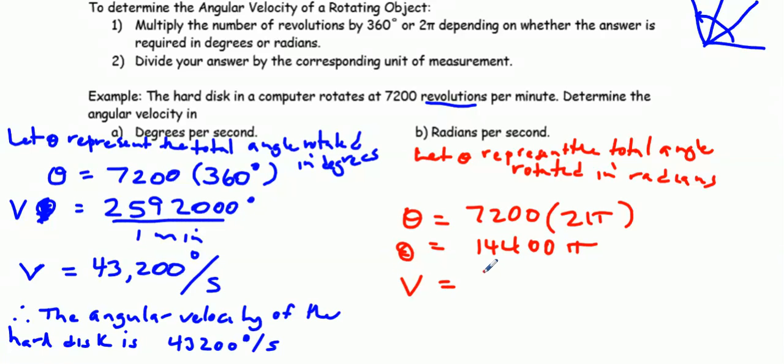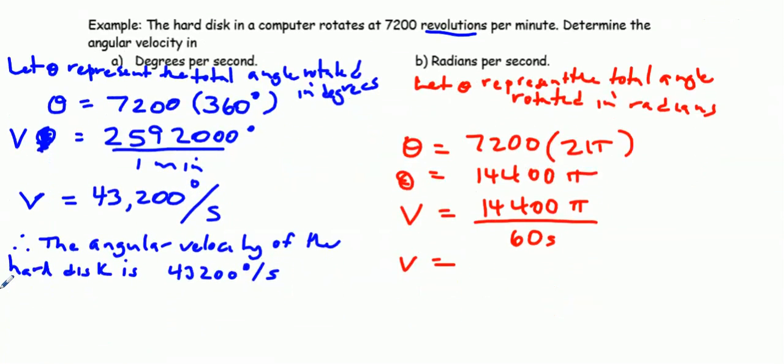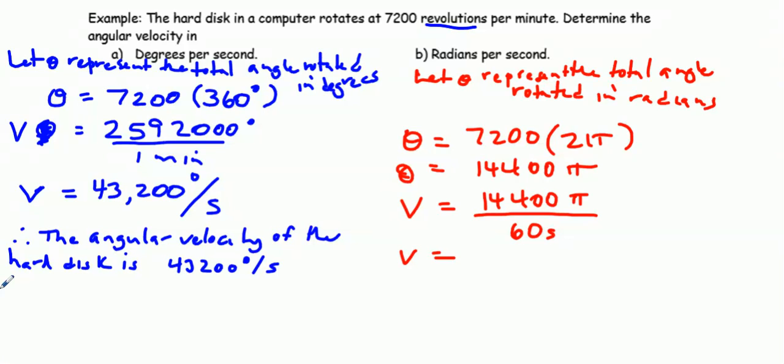And then we want to get the velocity. So that's going to be 14,400 pi radians per 60 seconds, or 1 minute. And then if we want to get the radians per second, we're going to end up dividing the 14,400 by 60, that's 240 pi radians per second.